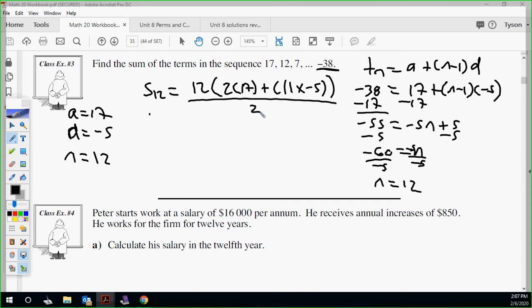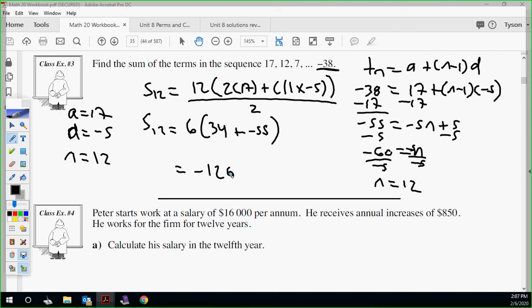So that just makes us 6 there, 34 plus negative 55. And so this one, we actually get a negative number. Why does that seem reasonable? Great point.